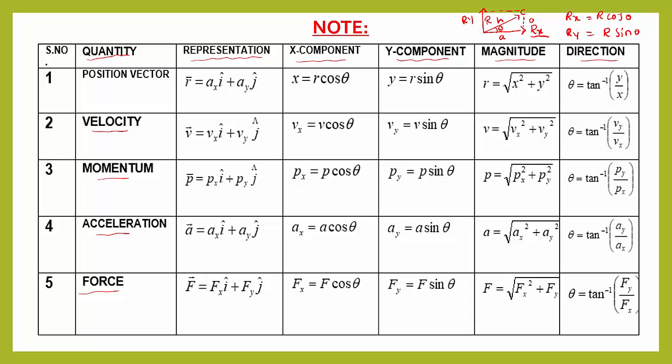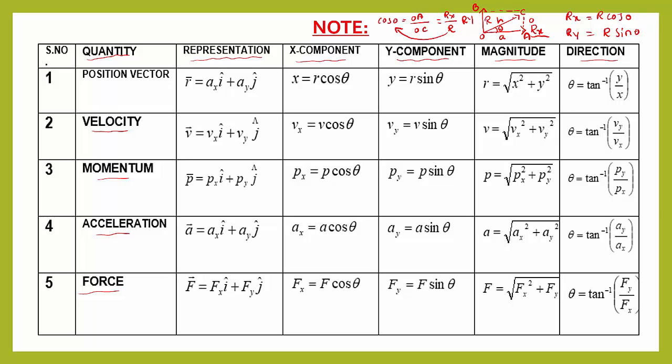The suitable trigonometric function is cos theta, because cos theta equals adjacent by hypotenuse, as the opposite side we don't know. So cos theta equals adjacent divided by hypotenuse. Taking the points O, A and B, I write OA divided by OC. OA is equal to Rx and OC equal to R. So Rx equal to R cos theta.